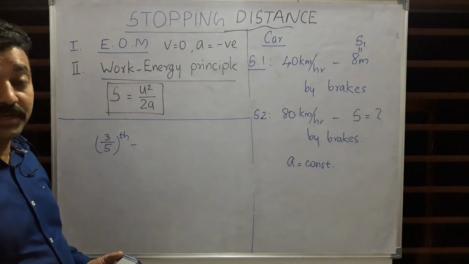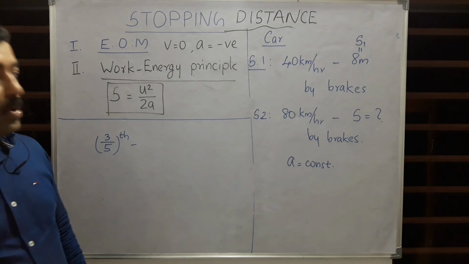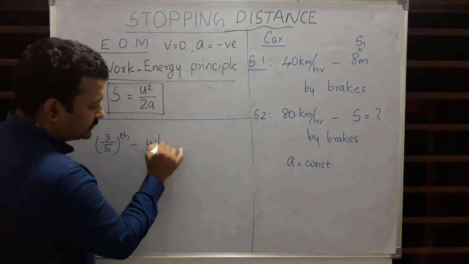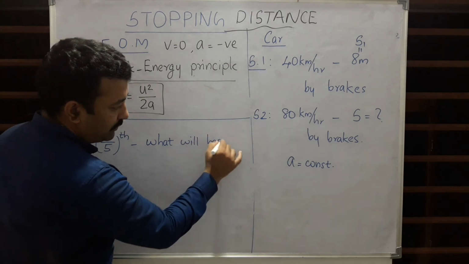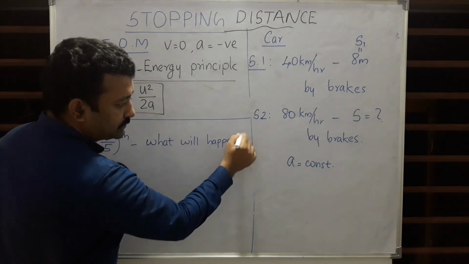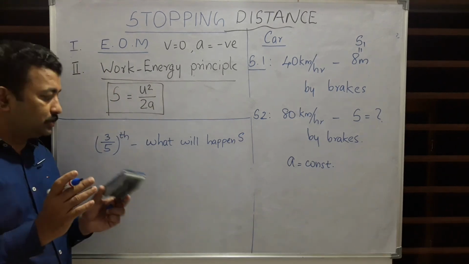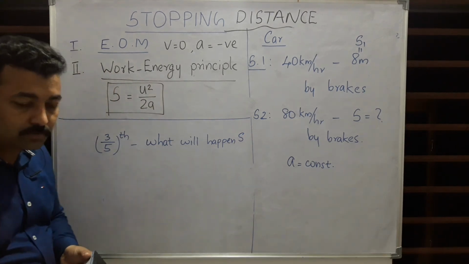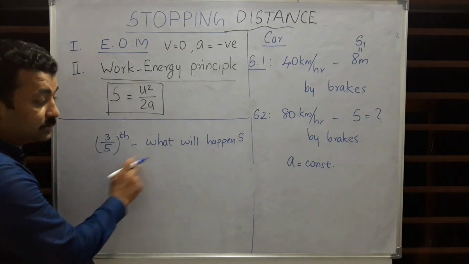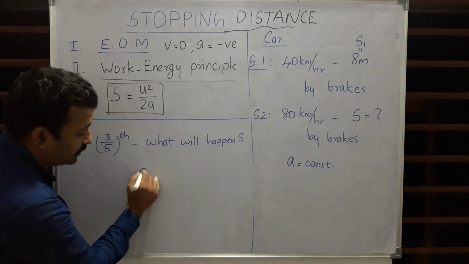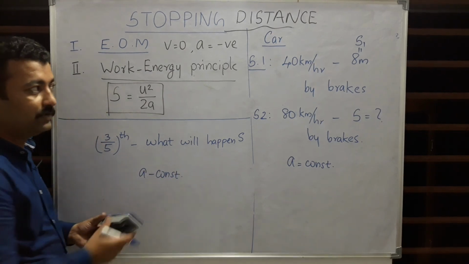What will happen to the stopping distance? That means the initial speed is reduced to 3 by 5th of the initial value. We can formulate two situations. Same car, we know that acceleration is constant.